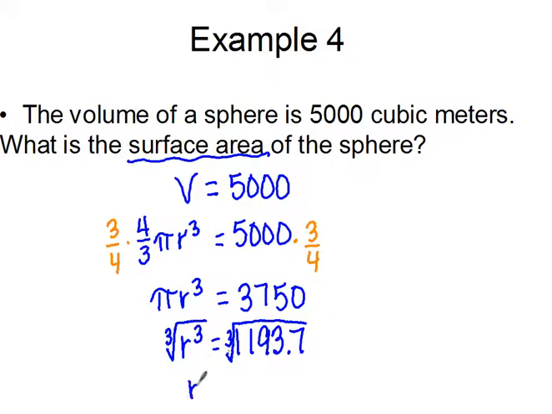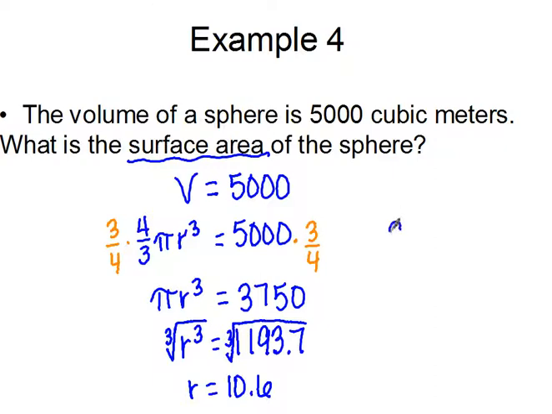So if you don't quite get where this is coming from, ask me to show you. So on your calculator, you hit 3, second, and then the caret key, and then 1193.7. This gives you a radius of 10.6. If you don't know how to do a cube root on a calculator, please let me show you.